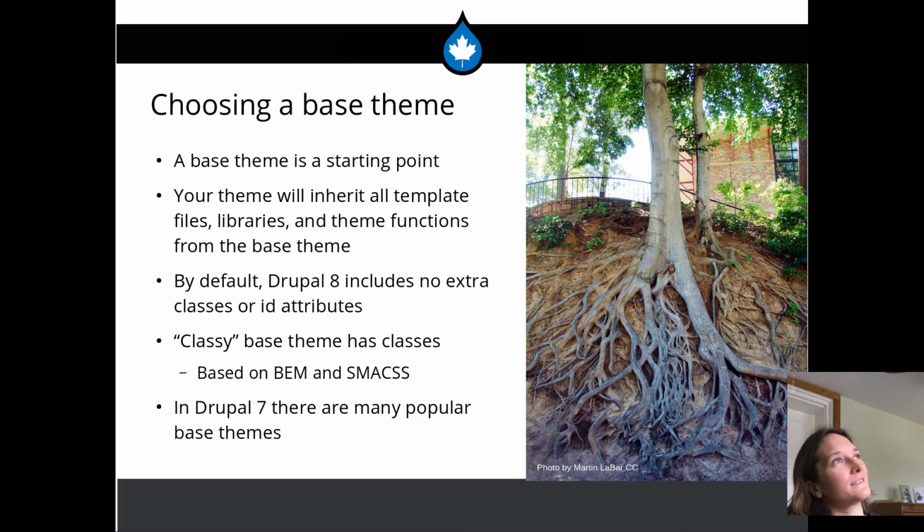I've come across a lot of sites that seem to have just picked a base theme because someone told them it was the best one and then proceeded to completely ignore what it was doing. Some of these can be pretty complicated. It's not so much the case anymore in Drupal 8, but any time you're choosing a module or a theme, you have to understand why you're doing it and not just do it because someone else says it's a good idea.